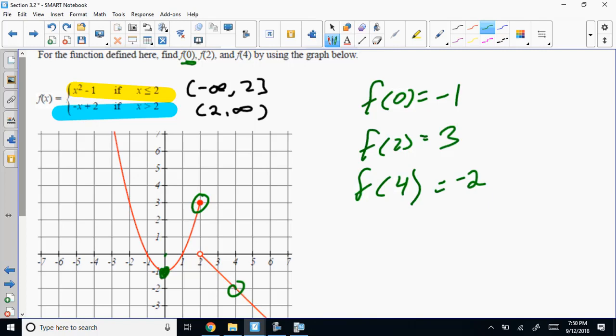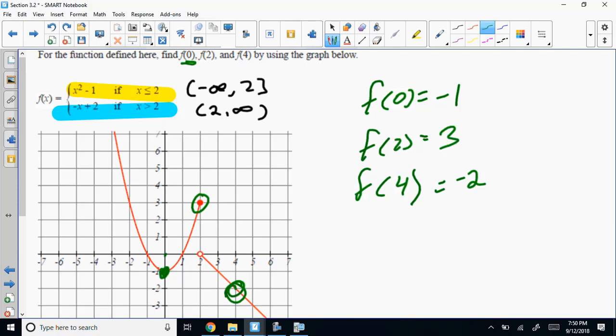Wait, why did you circle that as negative 4 or negative 2? Which one? This one right here? Yeah. Oh, I just showed where it intersected. At 4, it's at negative 2, right? Could I have chosen negative 3? No, sir.